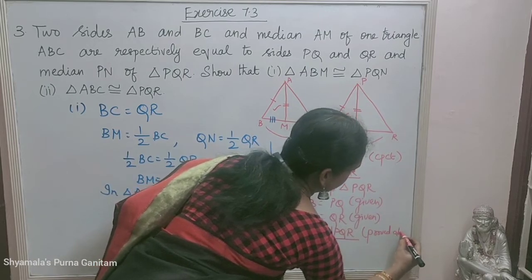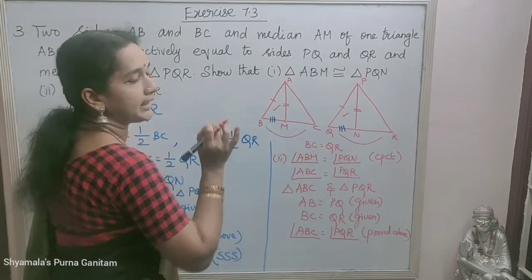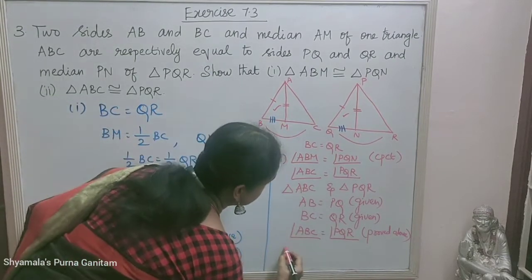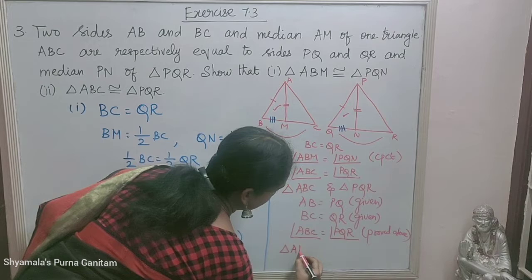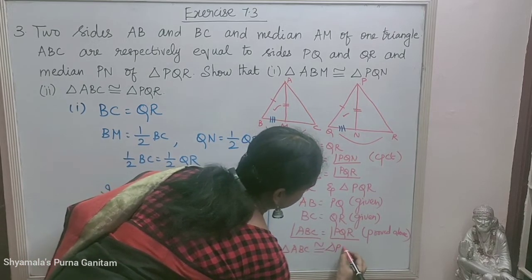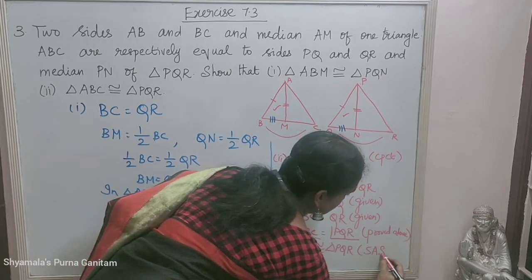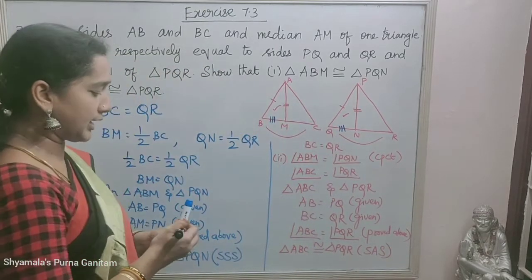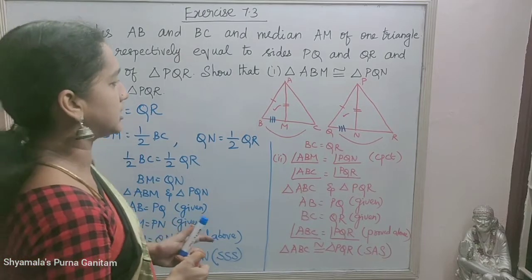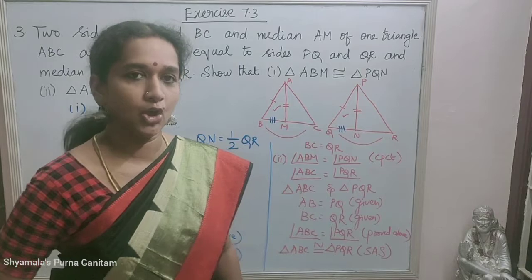So two sides and the included angle are equal, so triangle ABC is congruent to triangle PQR by SAS congruence. So by SAS congruence, both the triangles, that is ABC and PQR, are congruent.